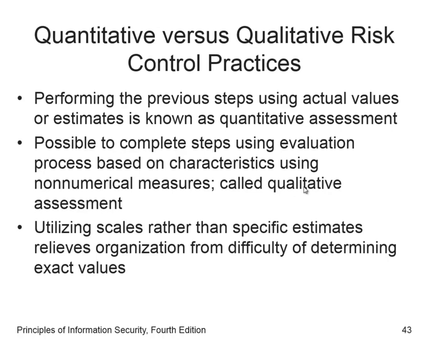The quantitative risk analysis performs risk probability and impact assessment. Probability investigates the likelihood that the risk will occur, while impact investigates the potential effect on the organization's information system using actual values or estimates. So with quantitative, we are using actual values or estimates, and we are looking at the probability, the likelihood to happen, and the impact of that risk or vulnerability when it happens.